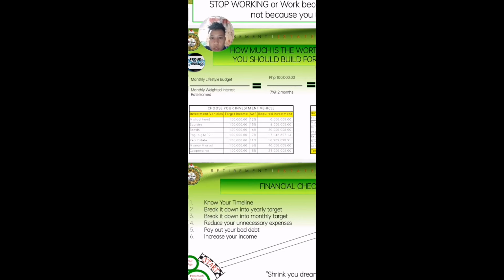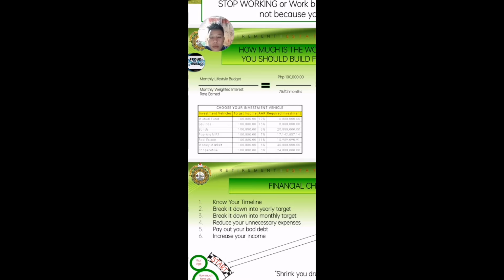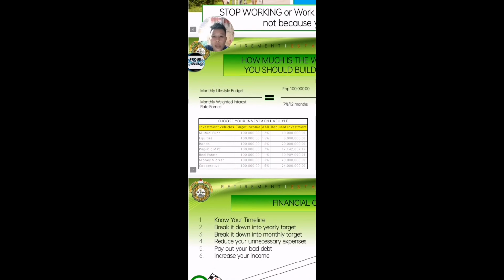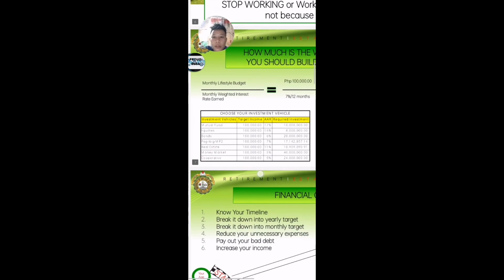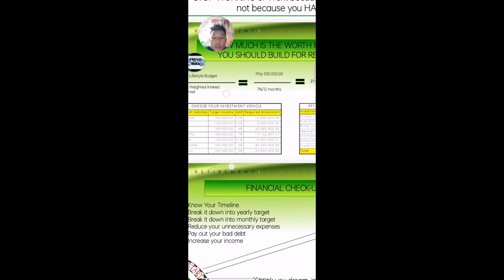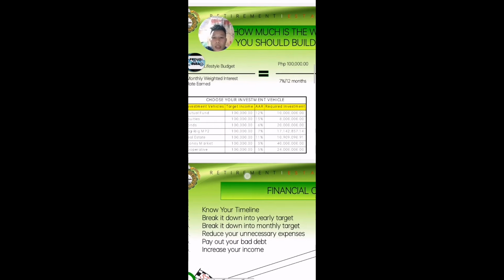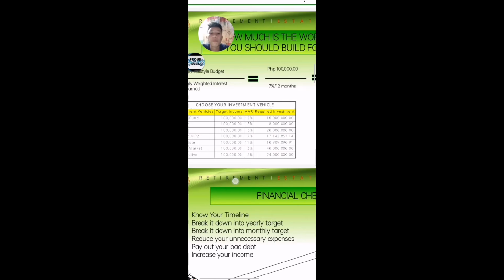Then choose your investment vehicle. For the mutual fund, the target income is 100,000, which is the monthly lifestyle budget, and the AER, or weighted interest rate earned, is 12%. So to get the required investment, just divide 100,000 by 12%, then times 12.